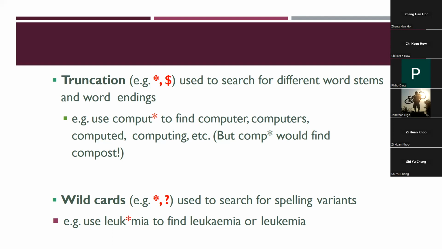For example, you put an asterisk at the back of compute, and it will find more results with this keyword. Wildcards, not so much now, because I noticed that most databases can capture spelling variants as well.